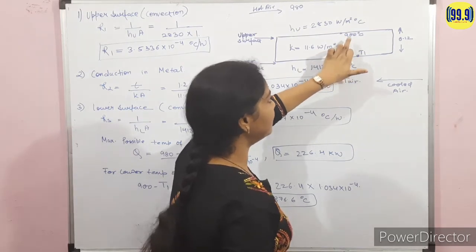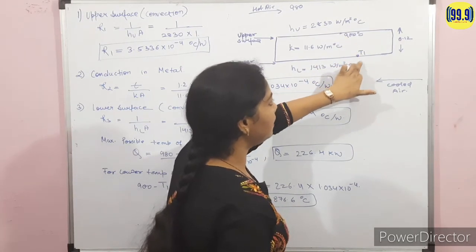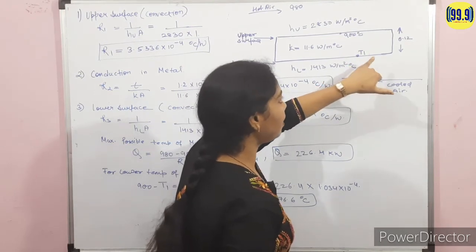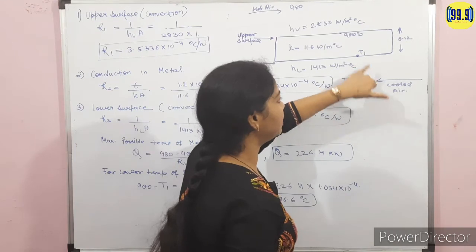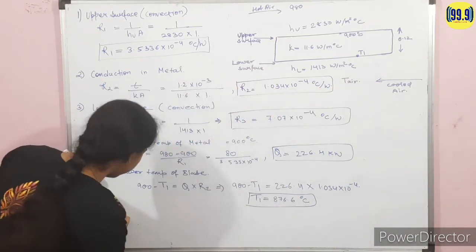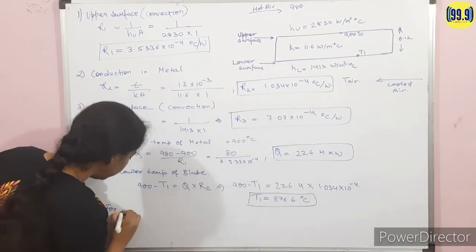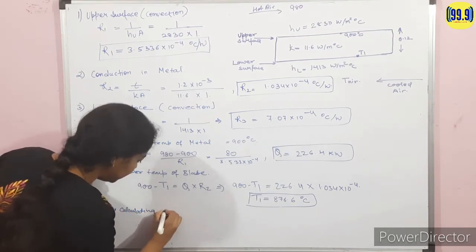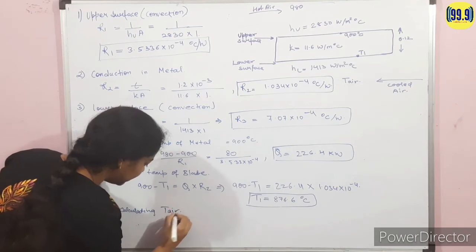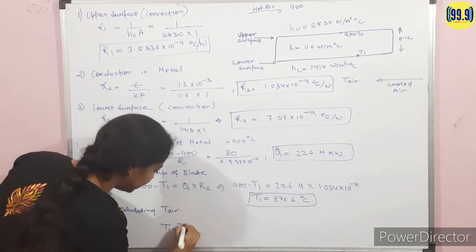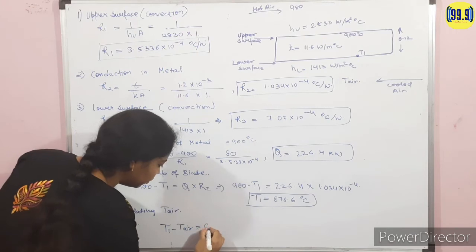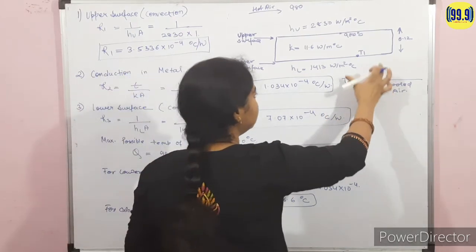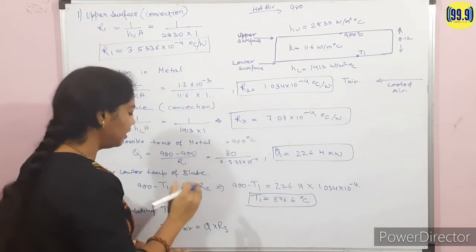So here the temperature difference between the two surfaces of the metal, if we consider it as a plate, is 900 minus T1. But in the case of air and the lower surface of the turbine blade, the temperature difference will be T1 minus T air, which is equal to Q into R3. Here the resistance acting is the convection resistance.